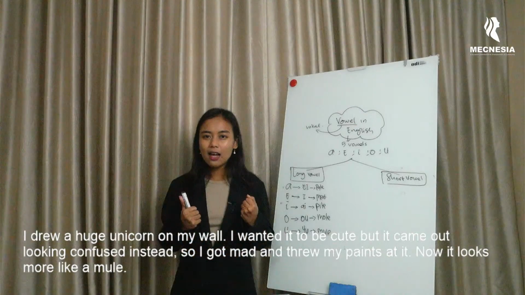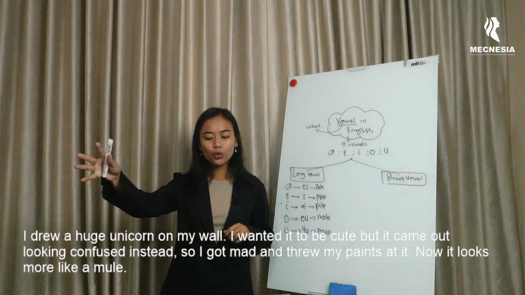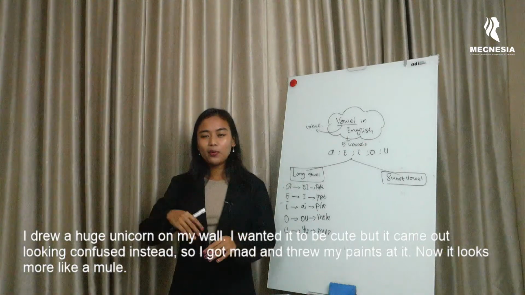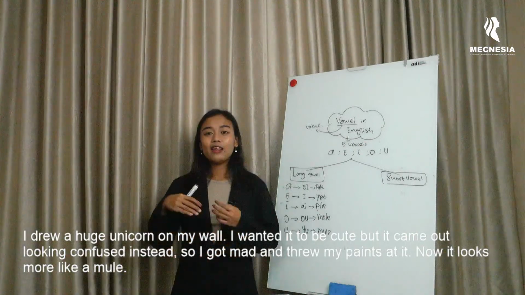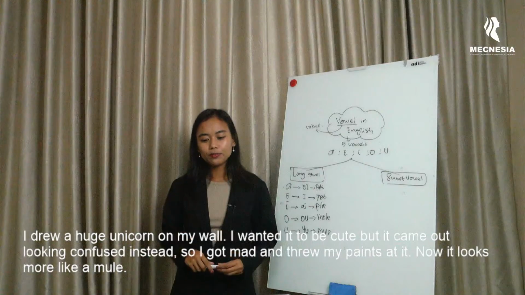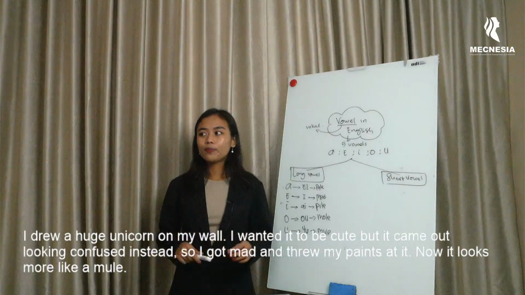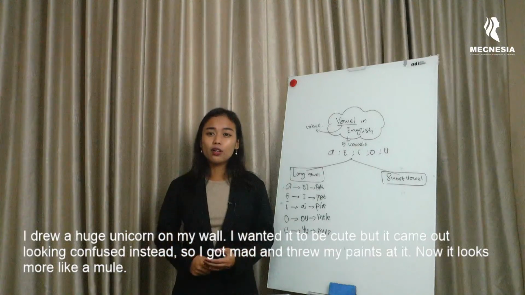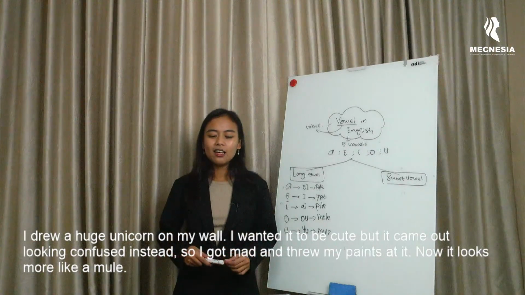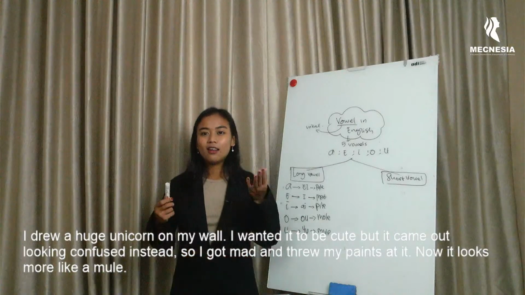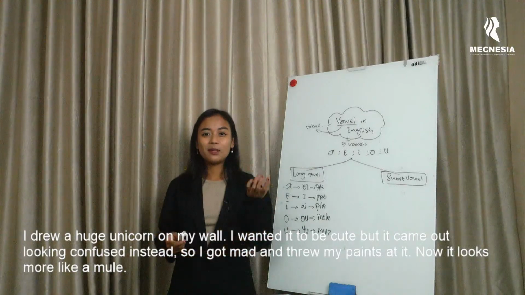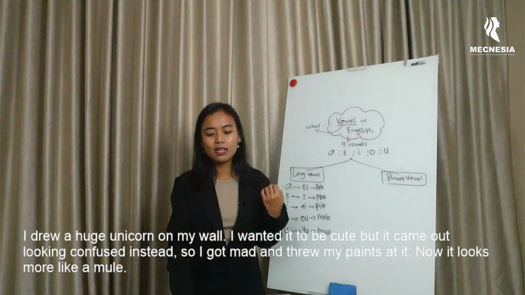Jadi aku marah, mad, and threw, membuang my paints, alat-alat lukisku, at it, ke temboknya itu. Now it looks more like a mule. Sekarang dia malah kelihatan seperti mule. Persilangan antara kuda poni sama kuda biasa.